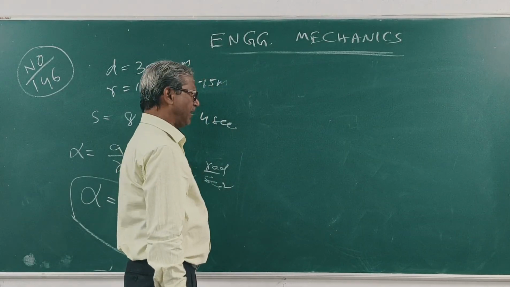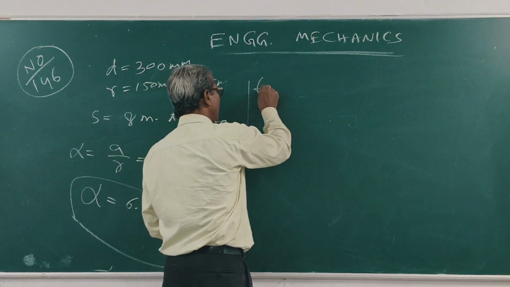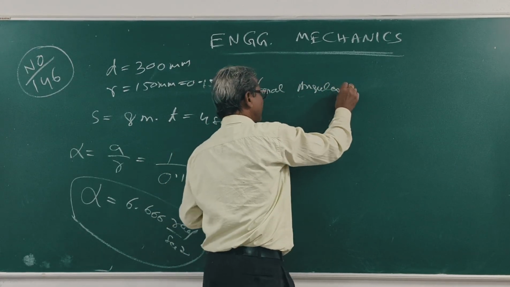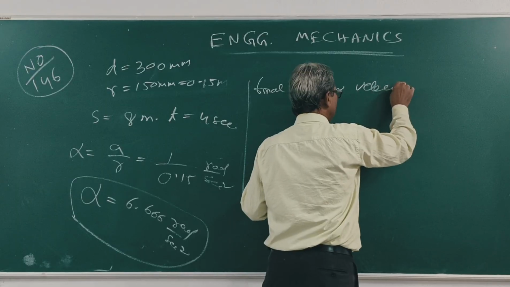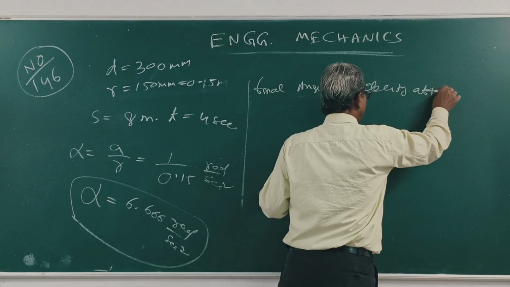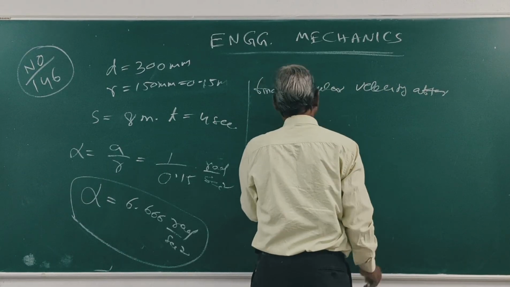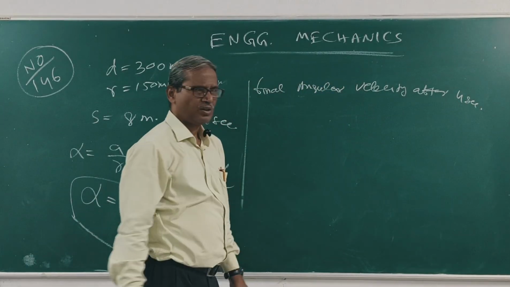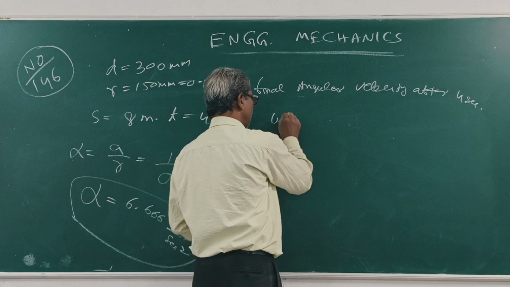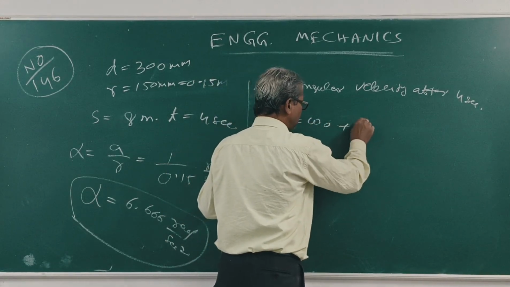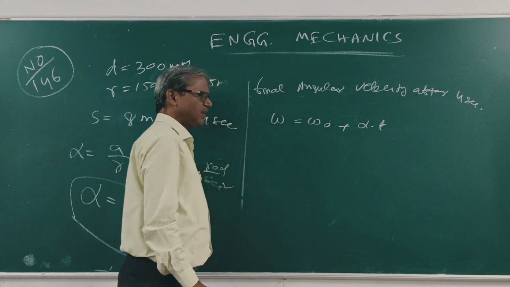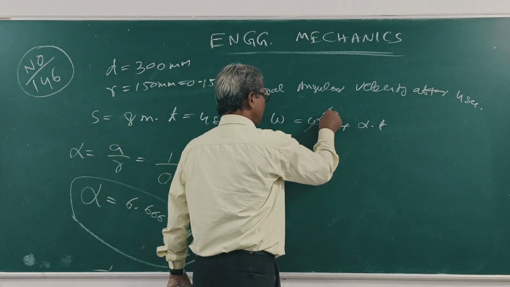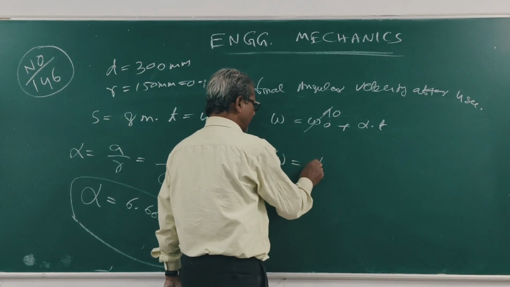Now, the final angular velocity after 4 seconds. What is omega equal to? Omega is equal to omega 0 plus alpha into t. What is omega 0? 0. So omega is equal to alpha into t.